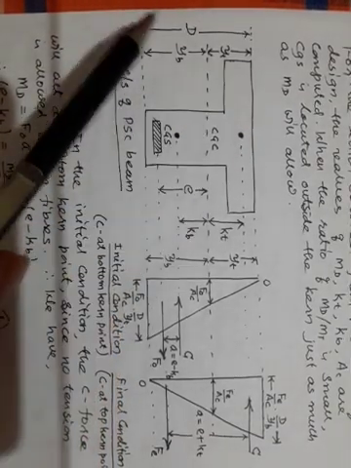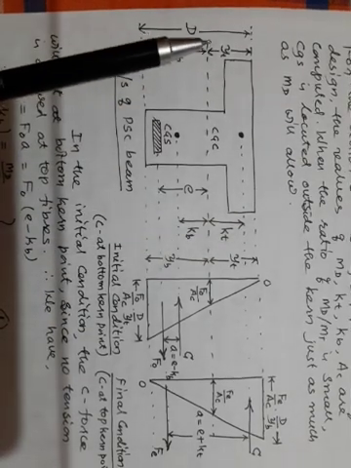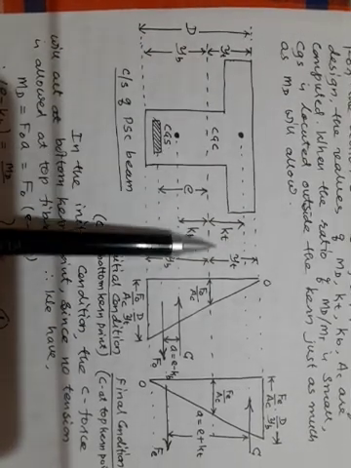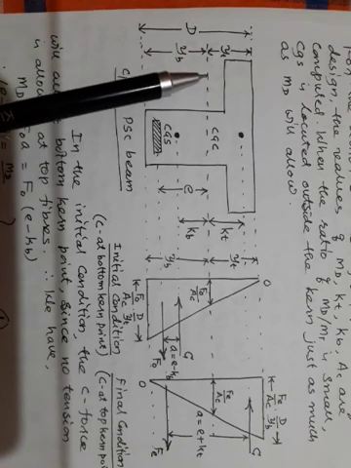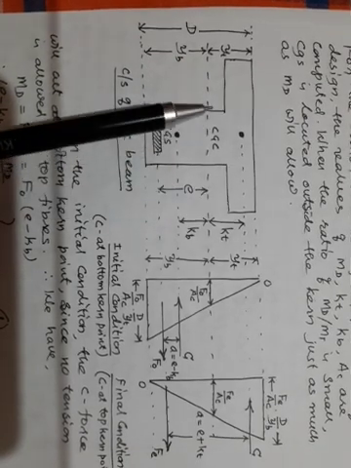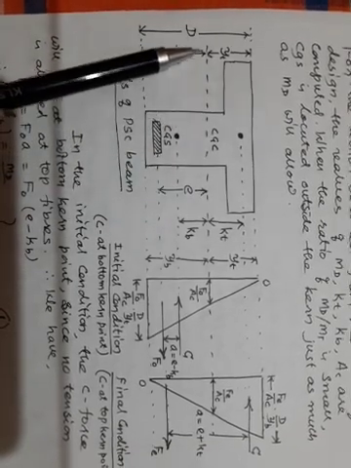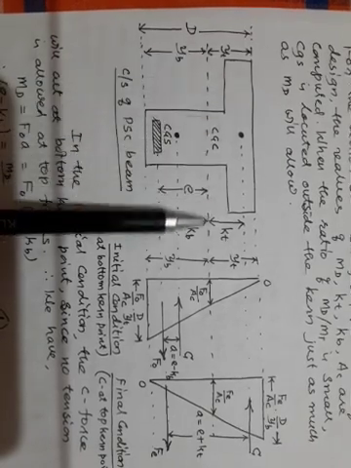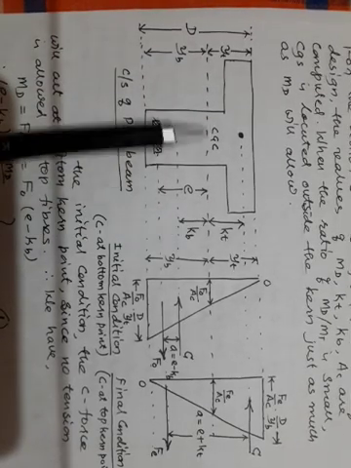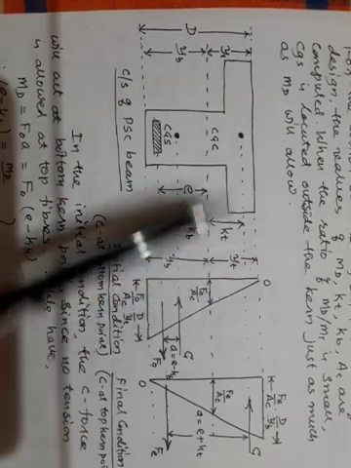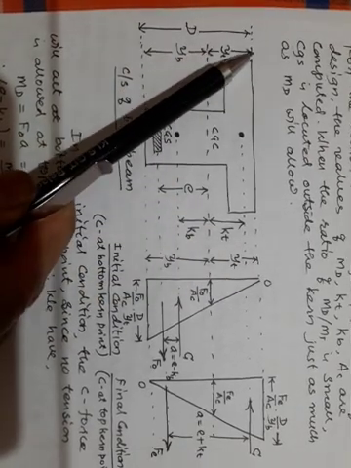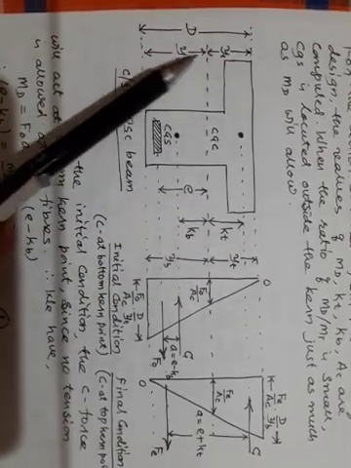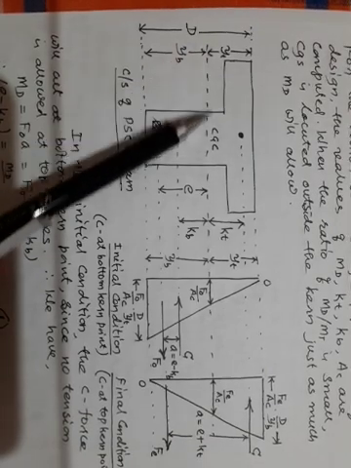Once I know this, I can easily fix up my CGC also, because since it is not a symmetrical section, I have to fix up my CGC. I can do it very easily. So once I fix up this CGC, I can write my YT value and I can write my YB value. So CGC is fixed.